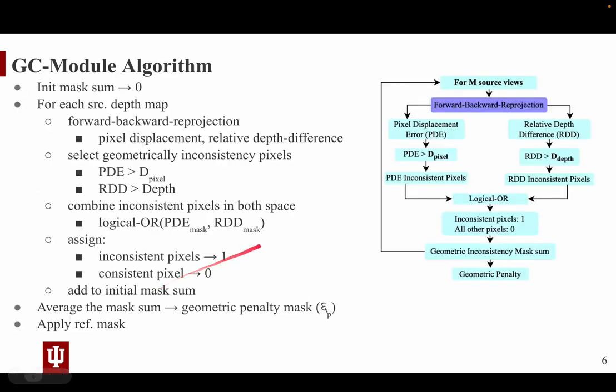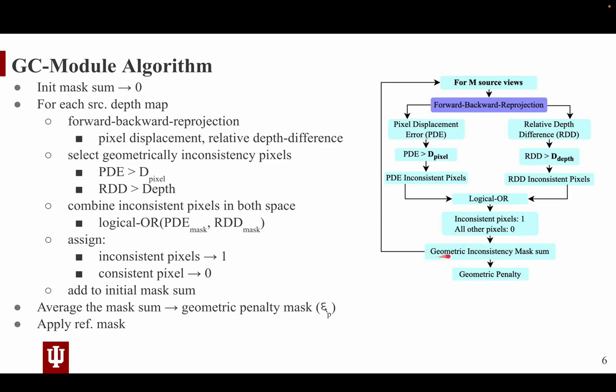This is the complete algorithm of the GC module. For each source view, we apply the forward-backward reprojection, which gives us two values, the pixel displacement error and the relative depth difference, on which we apply two different thresholds and select the inconsistent pixels in both fields. We combine both the errors with a logical OR and then assign each inconsistent value a 1 and all other values a 0.